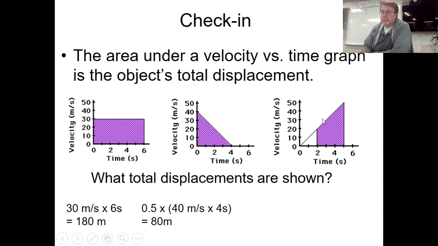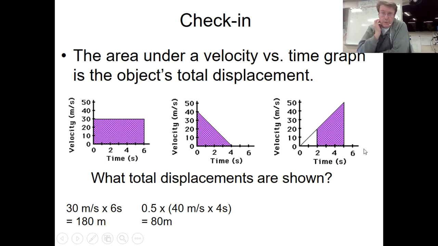All right, in the last one, this is a trapezoid. So you could do the trapezoid equation. It's 1/2 of one height plus the other height, and then you multiply by width. It's the average of the two heights times the width.